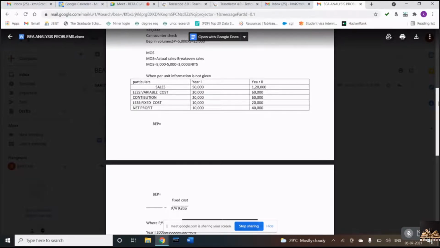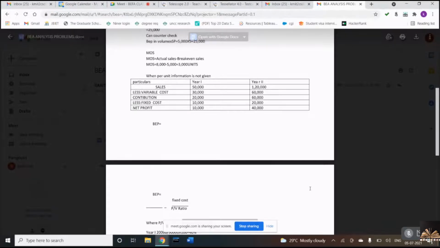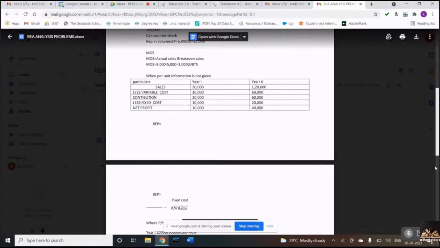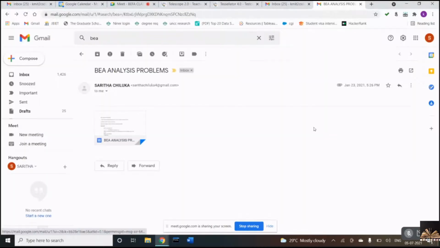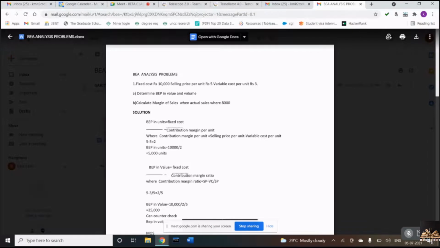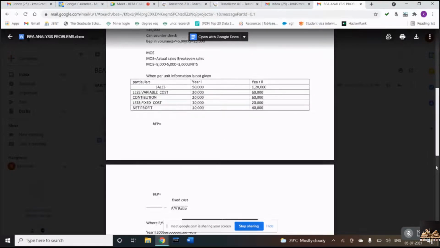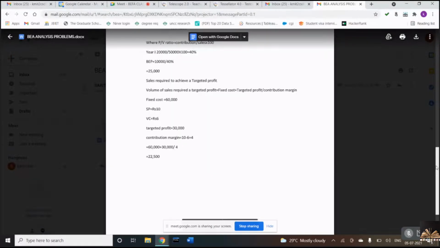Now let's come to the problem. As per unit information is not given, how do we calculate break-even? All of you write down the formula: fixed cost divided by PV ratio, where PV ratio is equal to contribution by sales into 100.